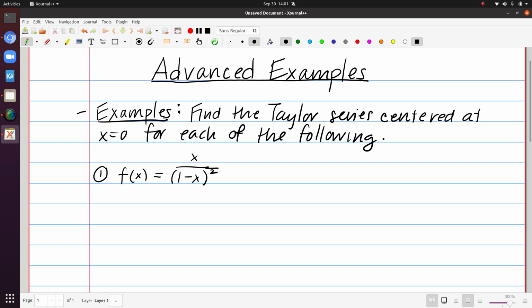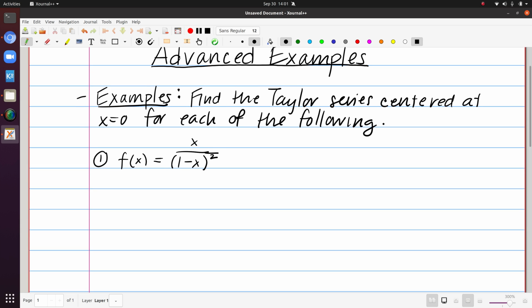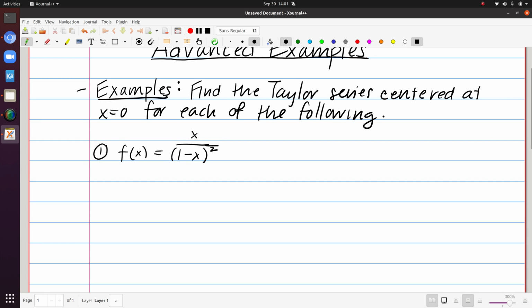So one thing to think about from what we've seen so far is I know that I can deal with powers of x by just adjusting the exponents on my x values. So my first instinct is to write this as x times 1 over 1 minus x quantity squared. So then I can see that my goal is to try to find the Taylor series for what I have in parentheses, and then my last step could be to multiply by x.